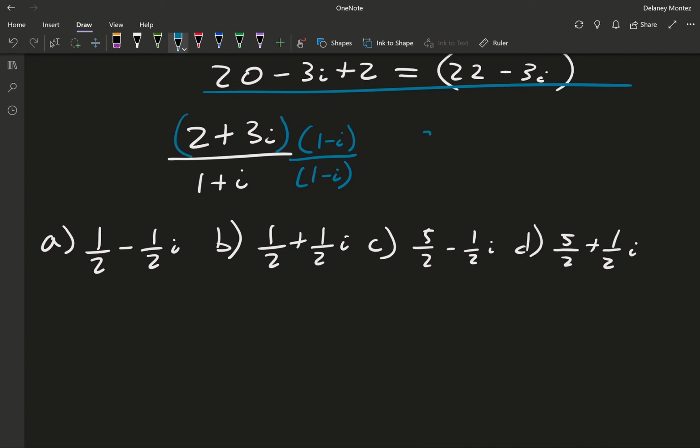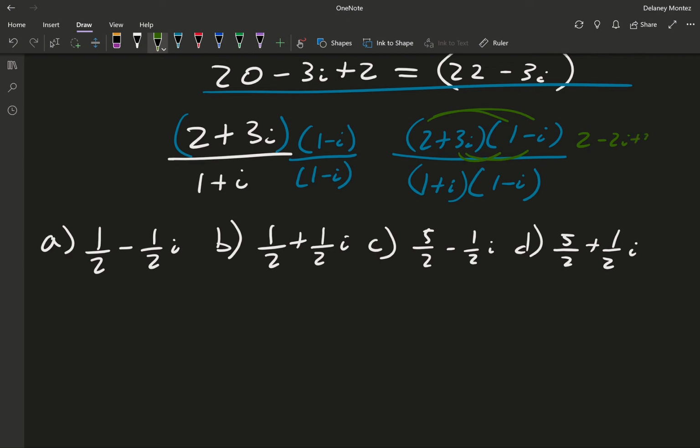So you have 2 plus 3i times 1 minus i, over 1 plus i times 1 minus i. I'll do this real quick. This is going to be 2 minus 2i, then plus 3i minus 3i squared.